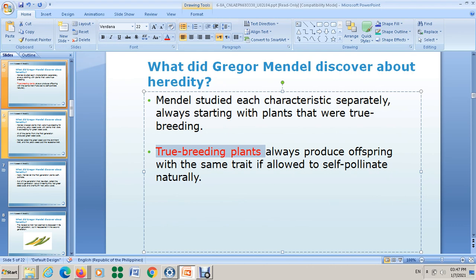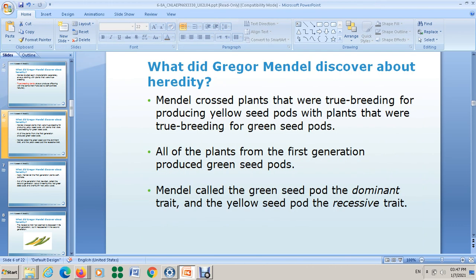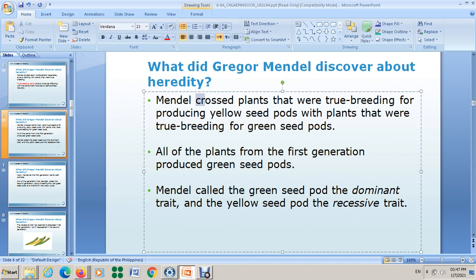Let's continue. After this, Mendel crossed plants. He made fertilization happen between green and yellow. He crossed plants that were true breeding for producing only yellow with plants that were true breeding for producing only green.